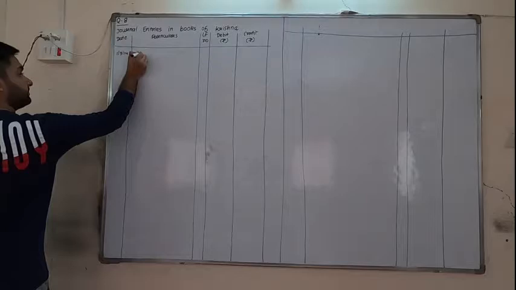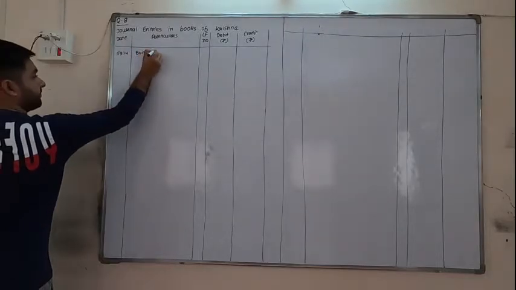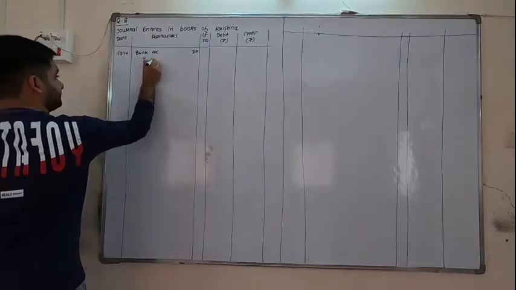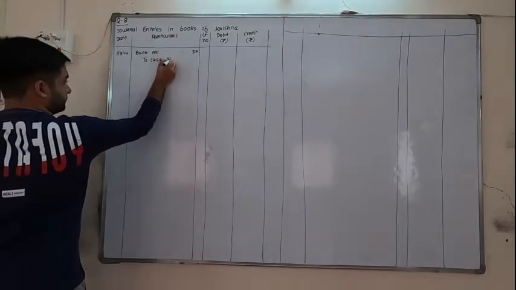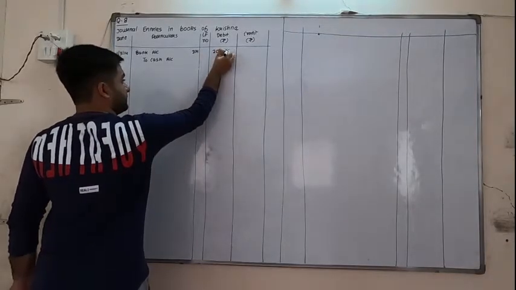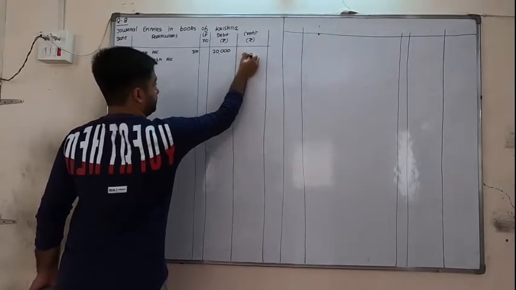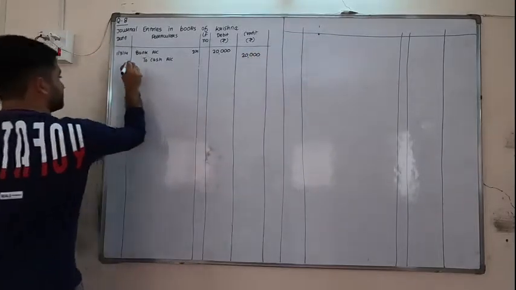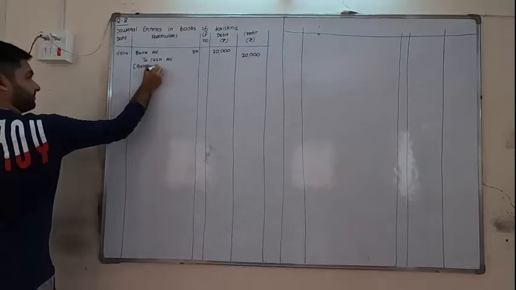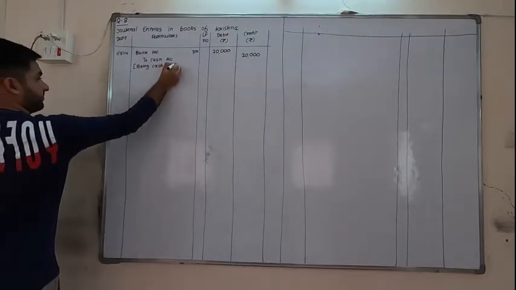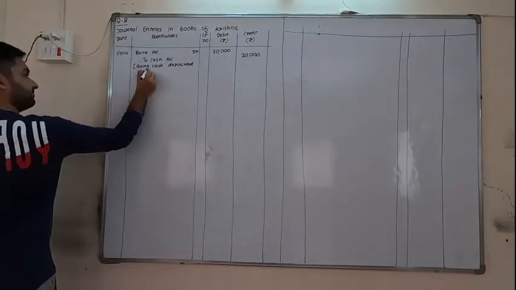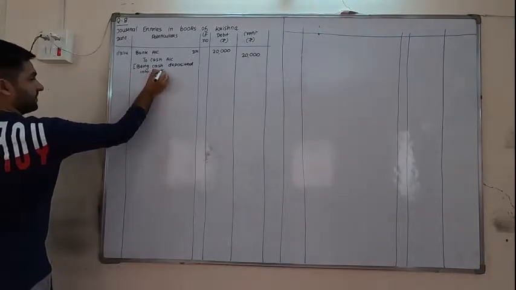Bank account debit to cash, amount 20,000. Narration: cash deposited in bank.